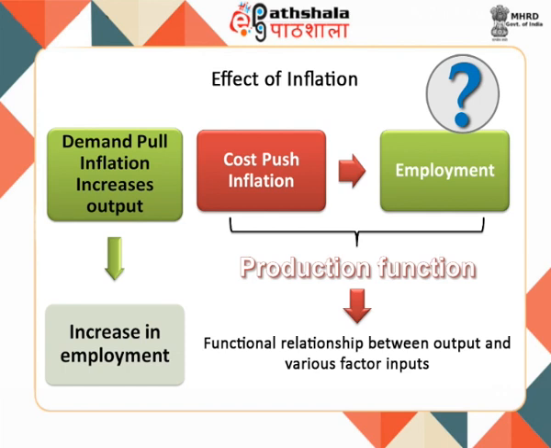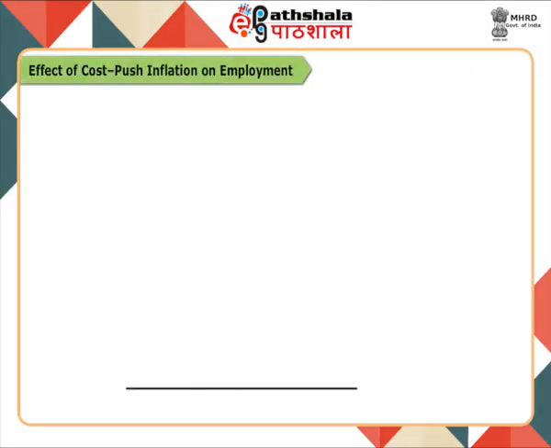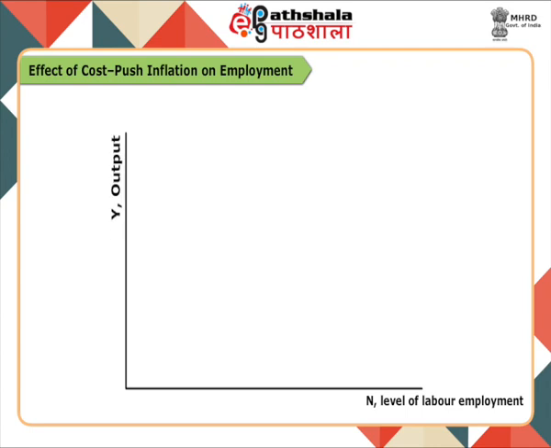Due to this, employment may not fall. In the diagram, N represents level of labor employment and Y represents output. Initially, the production function is given by Y = f(N, V0). V0 represents other factor inputs except labor, which is at fixed level.